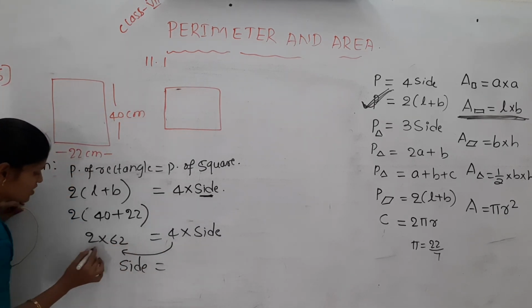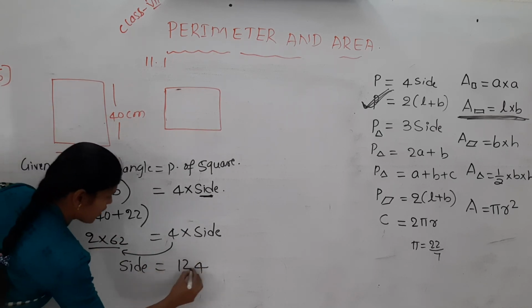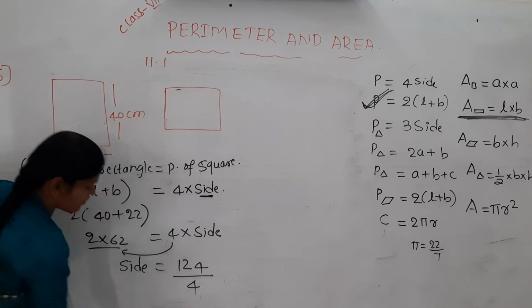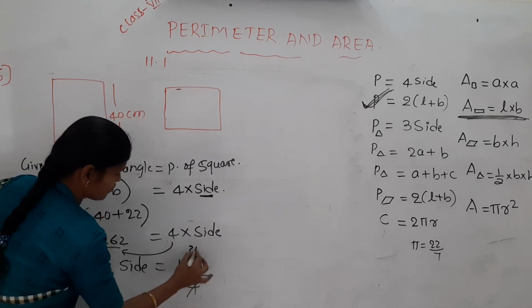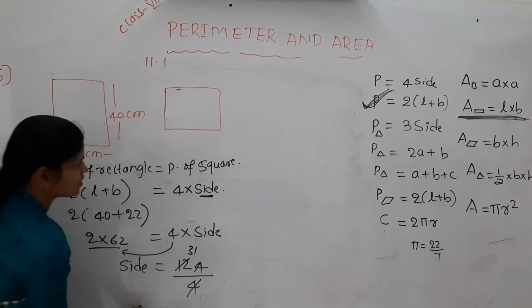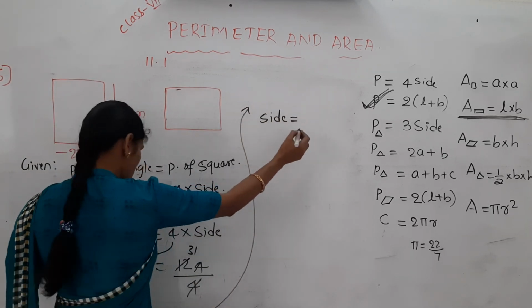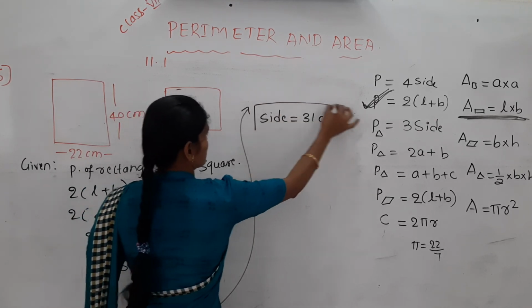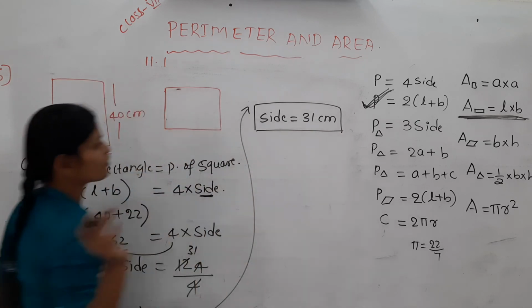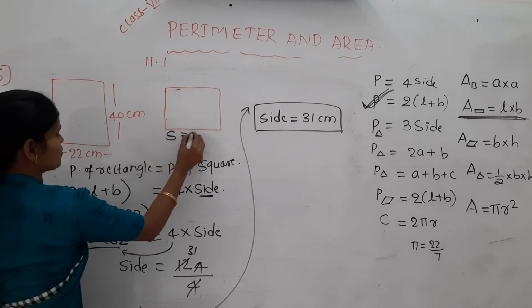Now multiply these two first. 2 twos are 4, 2 sixes are 12, 124. Divide by 4. Then you got what? Side of the square is equal to 31 centimeter.